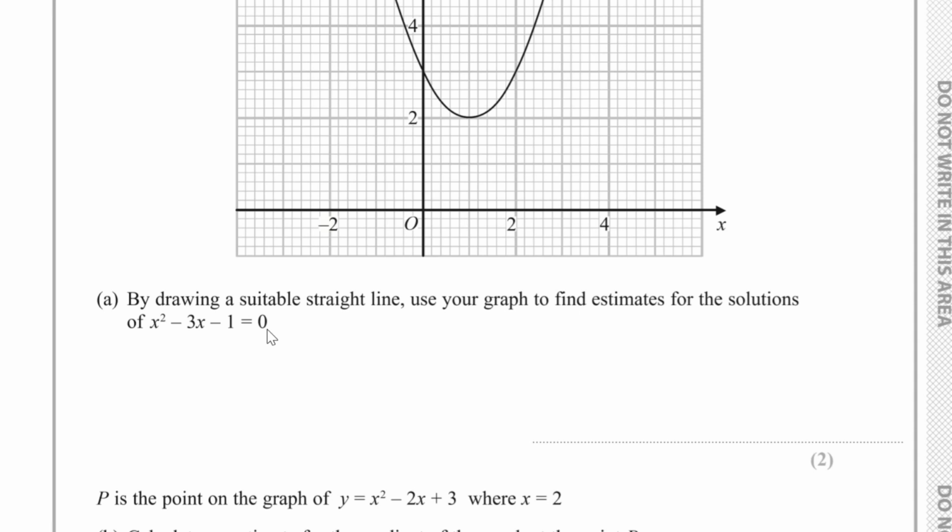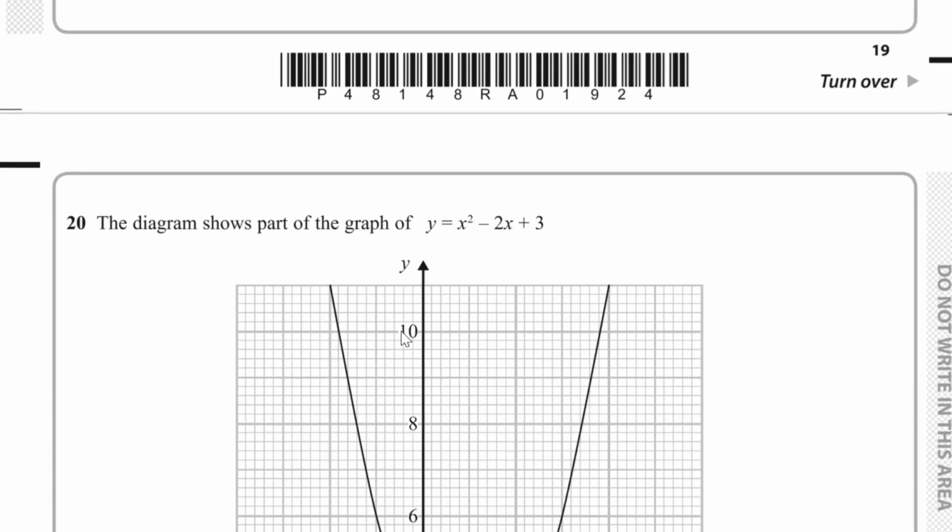So if we compare x squared minus 2x plus 3 with what we have over here, if I take a look at this graph, that's what's been drawn here.